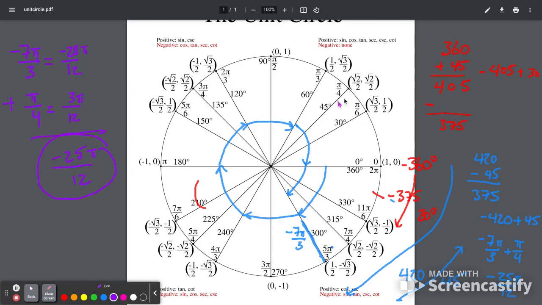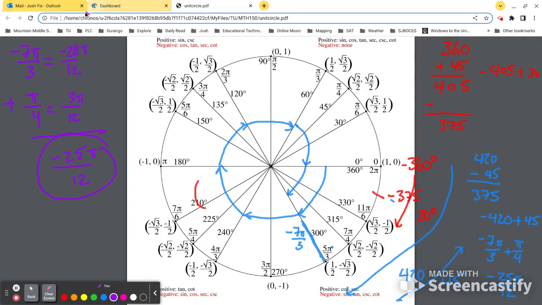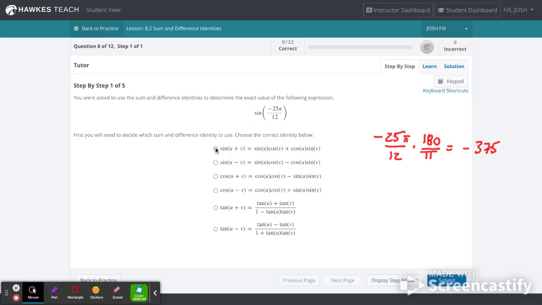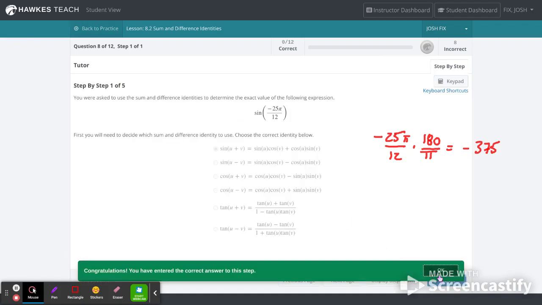And so two possible answers would be here in red or in blue. I'm going to work the problem with the one in blue. Okay, so at this point, I basically know that I'm going to be able to add a positive and a negative, and so I'm going to choose this guy. Hit submit.